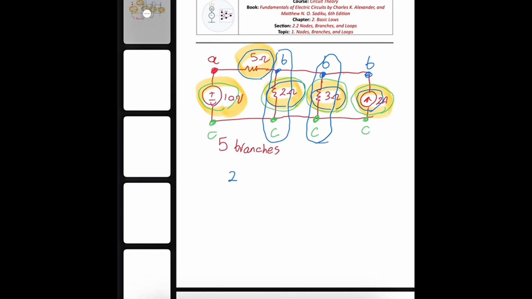Therefore, we can say that the 2 ohm resistor is parallel with the 3 ohm resistor, and also they are parallel with the 2 ampere current source.